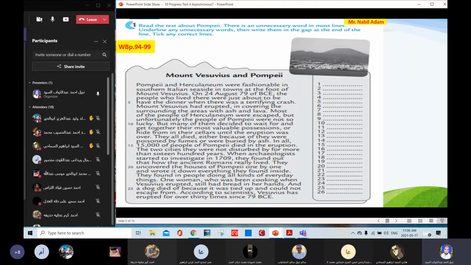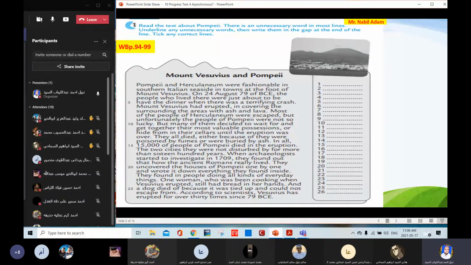When archaeologists started to investigate in 1709, they found out that how the ancient Romans really lived. They uncovered the houses of Bombay one by one and wrote it down, everything they found inside. They found in people doing all kinds of everyday things.